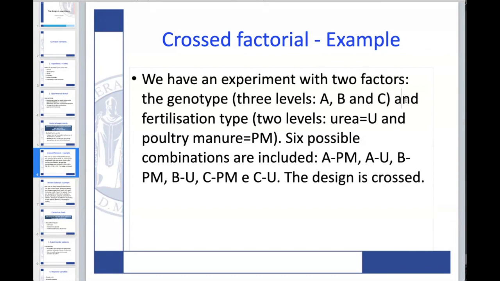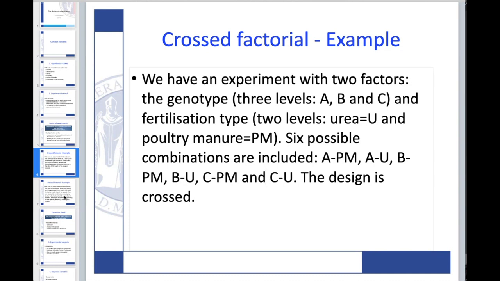So we have 2 factors, and we can combine the levels, and we can include in the experiment 6 possible combinations. Genotype A with poultry manure, genotype A with urea, genotype B with poultry manure, genotype B with urea, genotype C with poultry manure, and genotype C with urea. So you see 6 combination levels. In this case, the design is crossed, right?